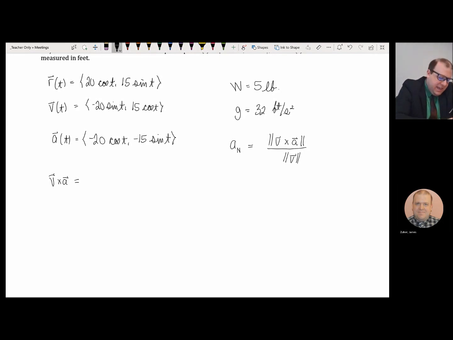And so v cross a, observation makes this really simple.